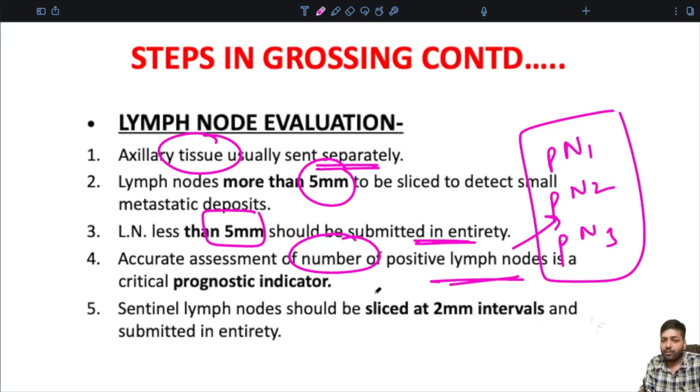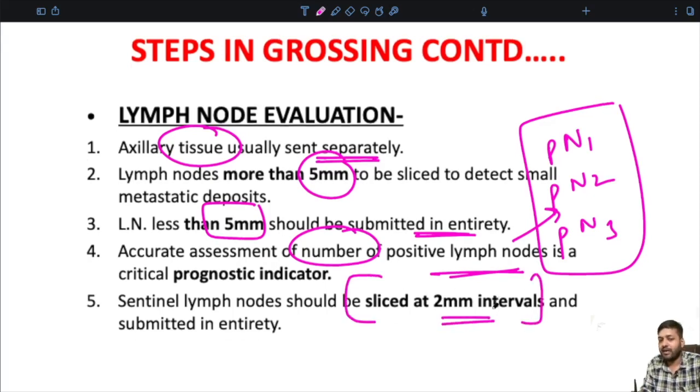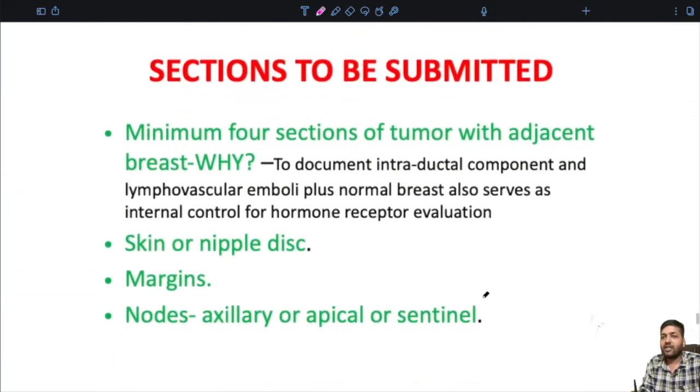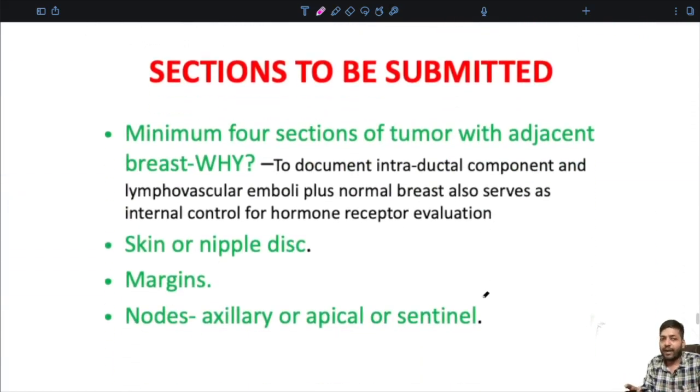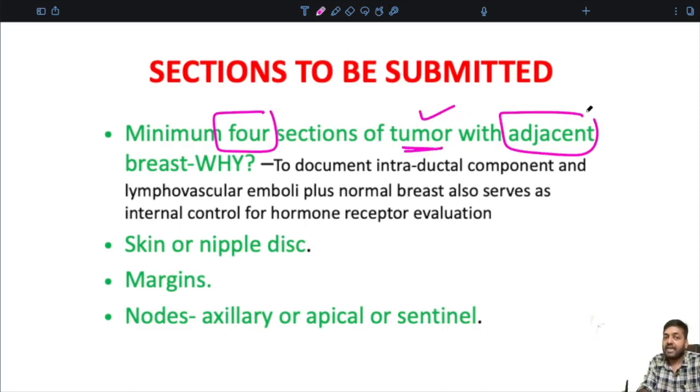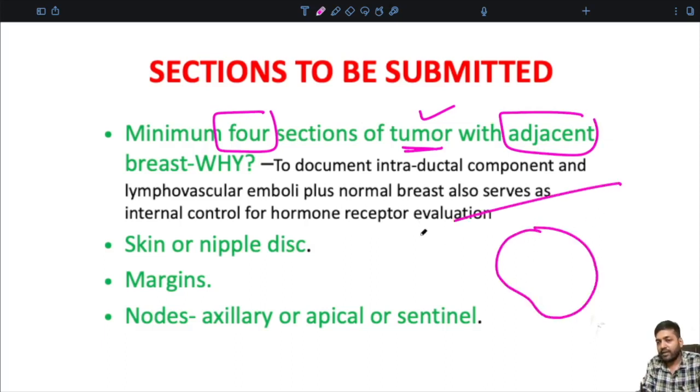Sentinel lymph nodes should be sliced at 2 mm intervals and submitted in entirety. Now, what sections should you give in case of a lumpectomy? A minimum of 4 sections of the tumor, and along with that you should give adjacent breast tissue as well. Always remember, if this is the tumor, this is the entire breast.